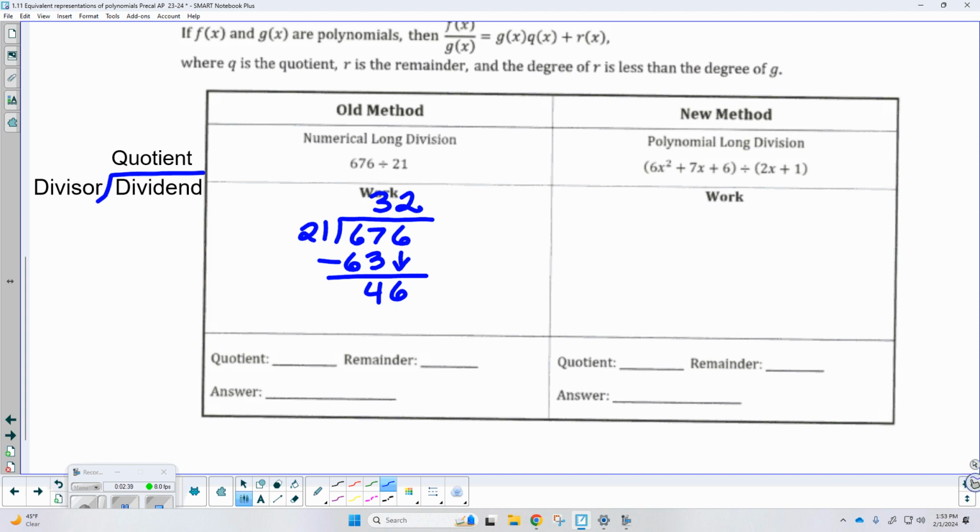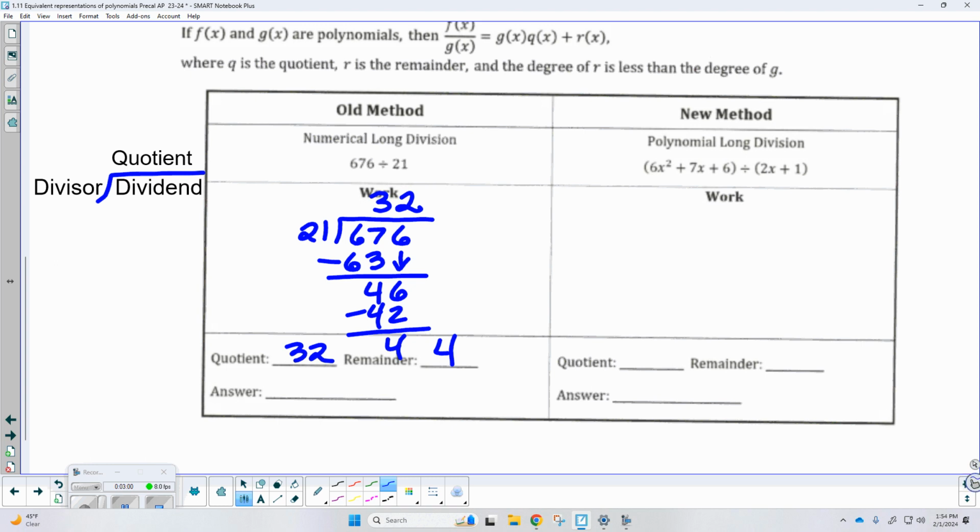Now, just like the 3 before it, 2 times 21, I'm going to multiply. I'm going to subtract one more time. Now, if you wanted to get a decimal, we could put 0.0 and continue. But for our purpose, 4 is what? That's our remainder. Okay, so I know my quotient is going to be 32.